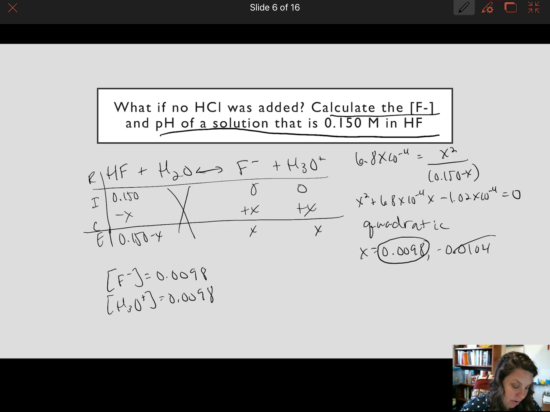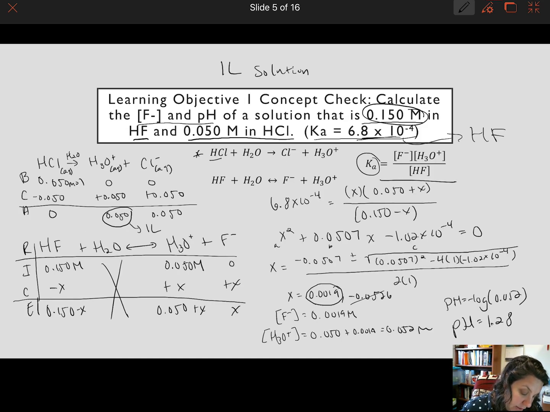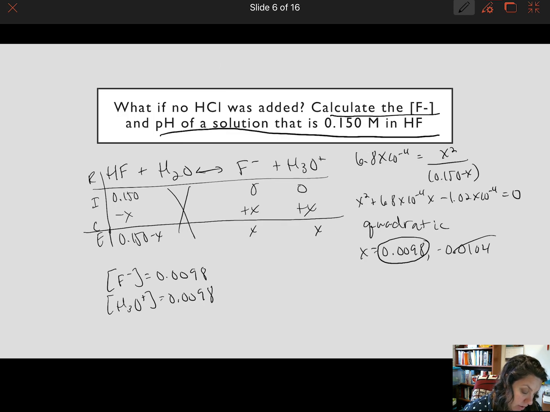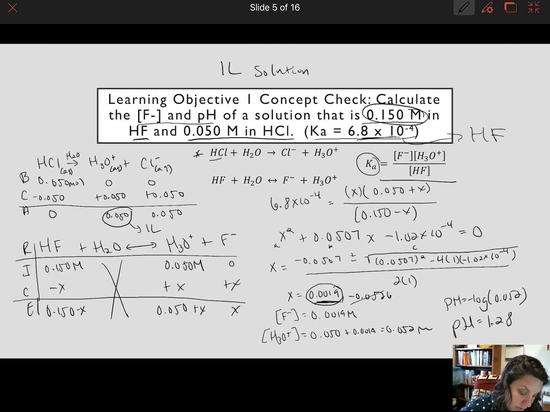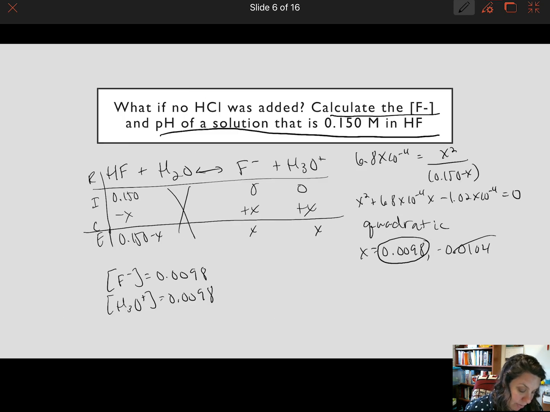If we compare, we see that our F minus concentration is significantly smaller when we add the Cl minus in. But if you notice, our hydronium concentration is larger. And that should make sense because we added in HCl, right?